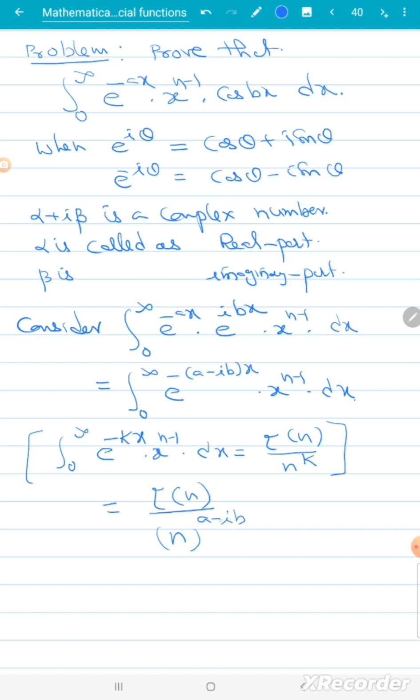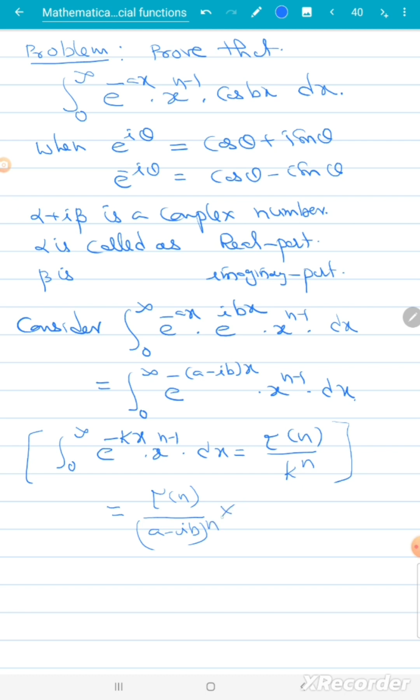So this is equal to gamma of n by (a minus ib) to the power of n.